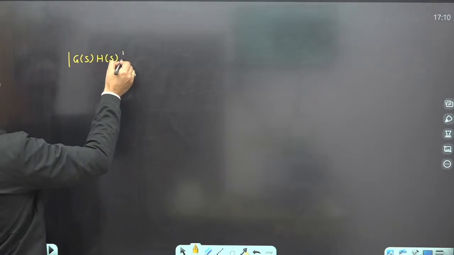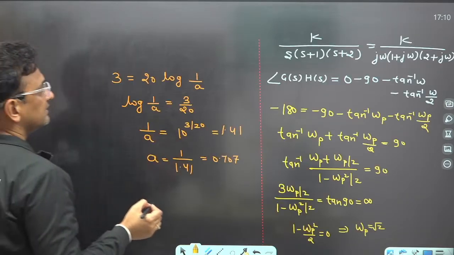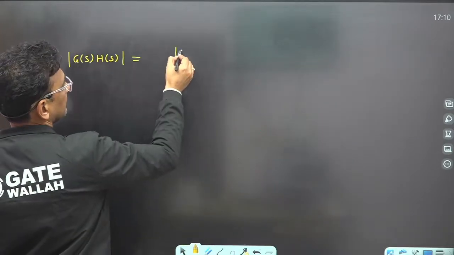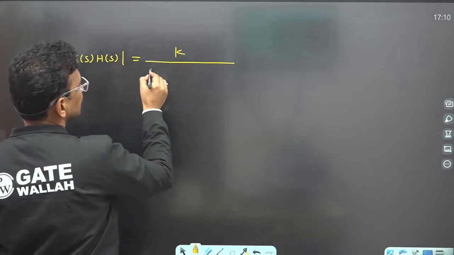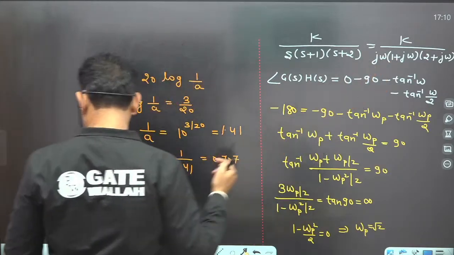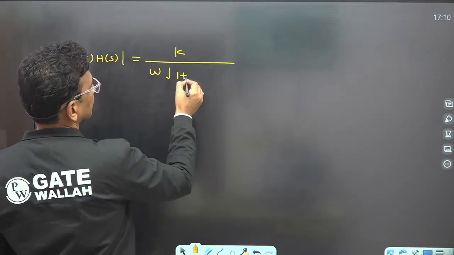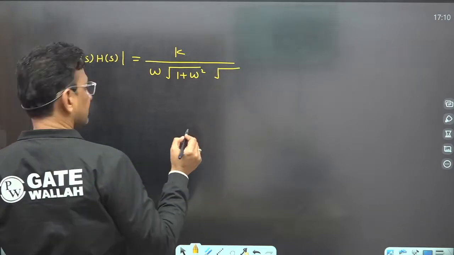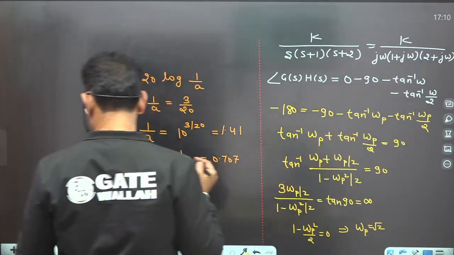at any omega frequency will be, magnitude of K will be K only. Magnitude of j omega is omega. Magnitude of 1 plus j omega is the square root of 1 plus omega square, and it will be 4 plus omega square.